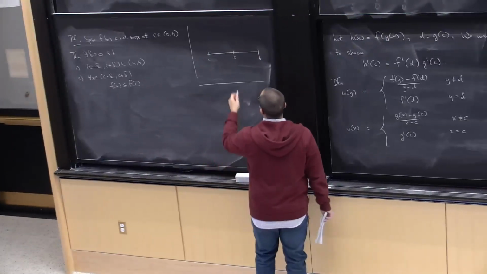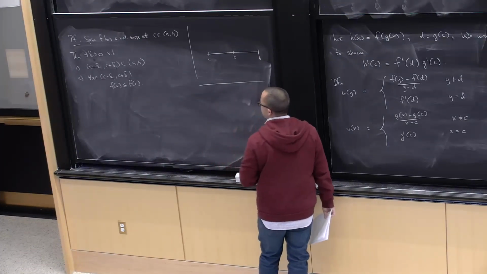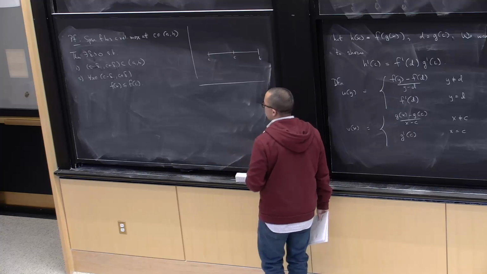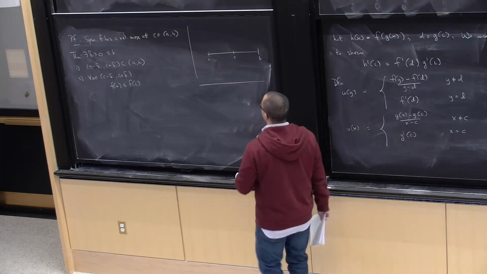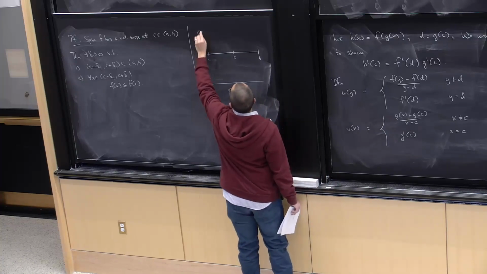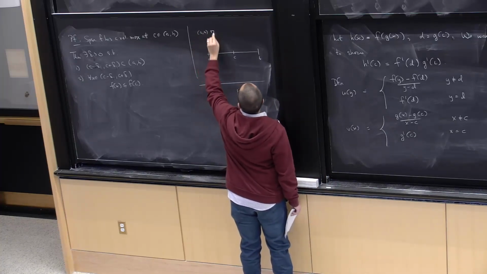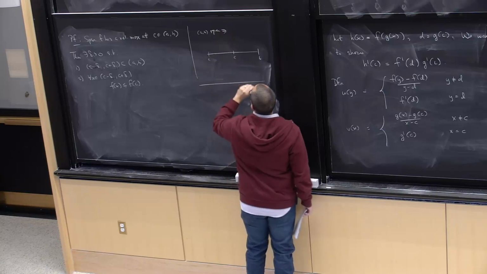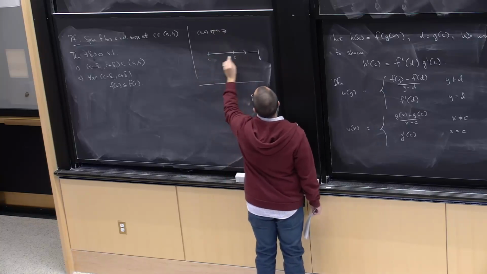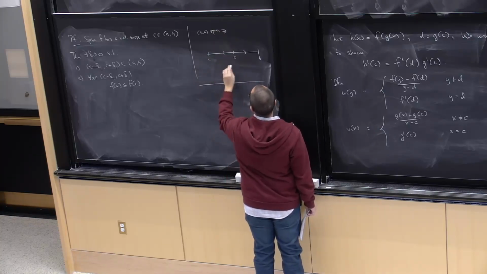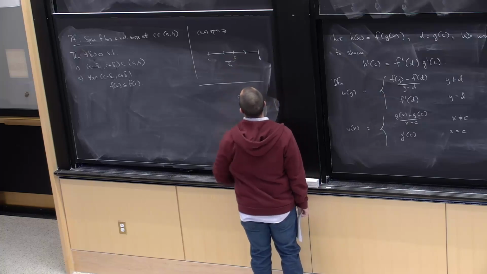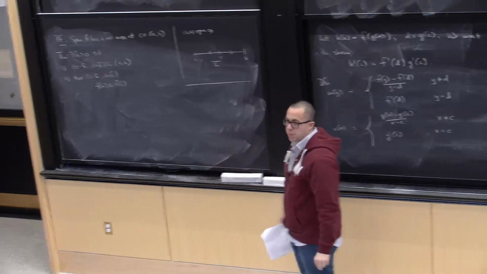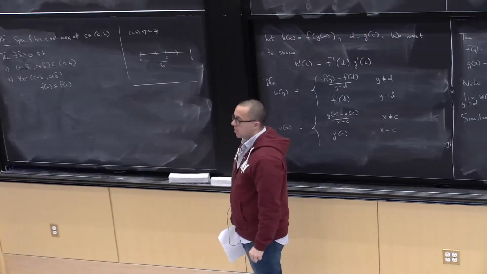So, first off, you know that (a,b), the open interval, is an open set, which we've encountered in the assignments. So you can find a delta 0, say, so that this interval centered at c is contained in (a,b), right?